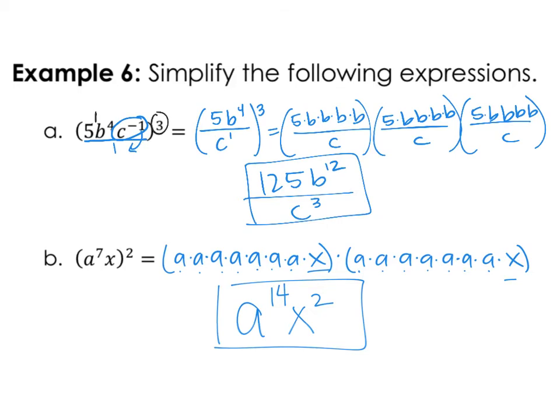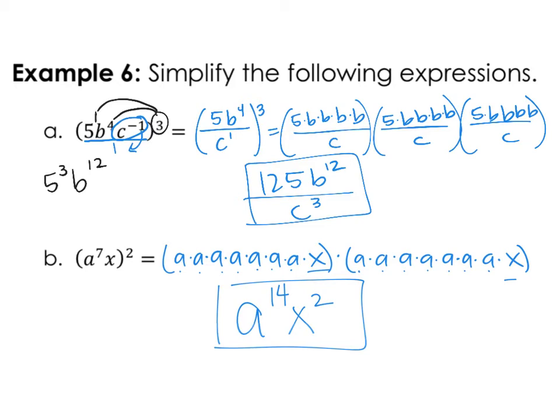So if I took that exponent that we had on the outside of our parentheses and multiplied it times that exponent of 1, that would give me a 5 to the 3rd, which we did, 5 times 5 times 5. Then, let's try that again. If I take it times the 4, that would have been b to the 12th.